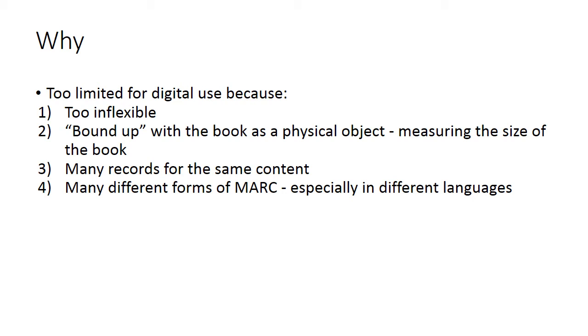We bend the rules of the data structure all the time by putting in things that aren't really a title, that don't really explain what materials are, although RDA is getting a little bit better about that. But the field labels just don't really add up.